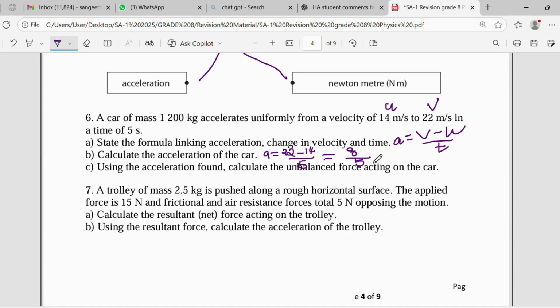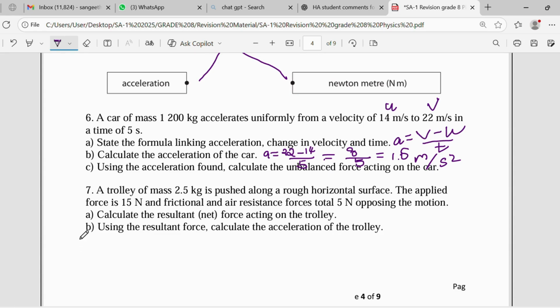If you divide 8 over 5, you will get 1.6. The unit of acceleration is meter per second square.